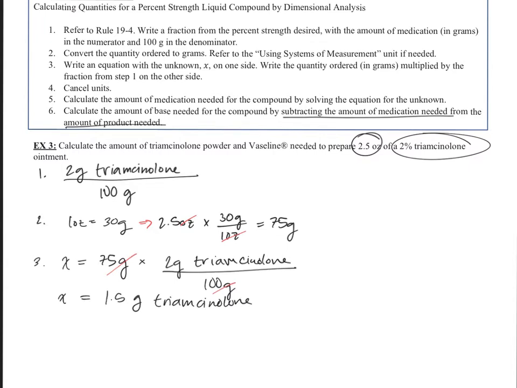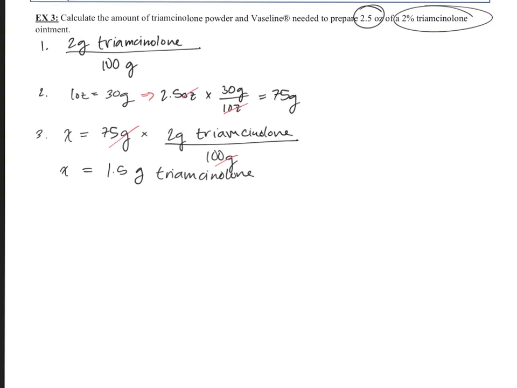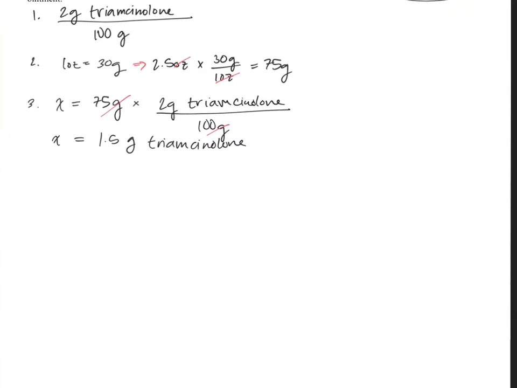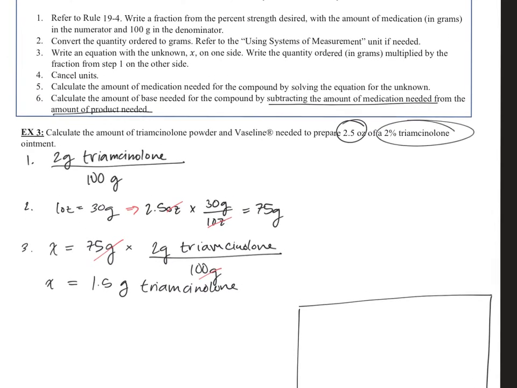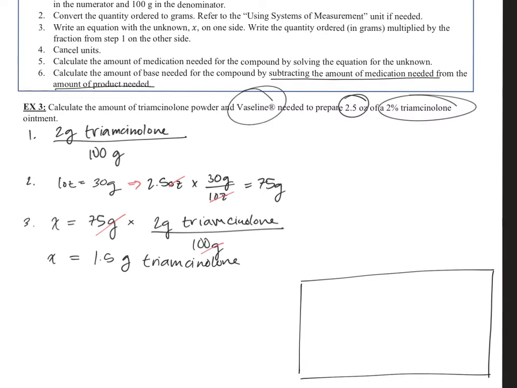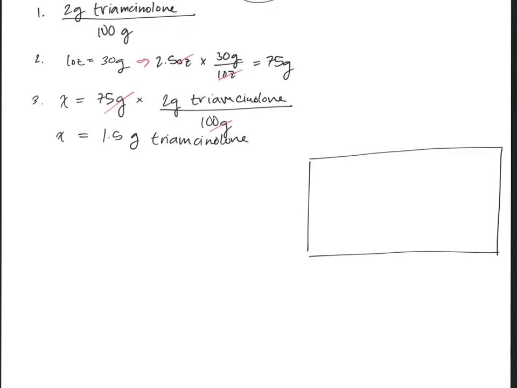Okay. And then lastly, remember when we're filling out our order slip, our recipe, we need to figure out how much of the cream, or the Vaseline in our case, to use, because in this problem, we're using Vaseline. Since this is not water, we're going to have to subtract.